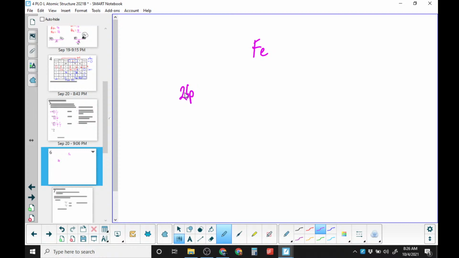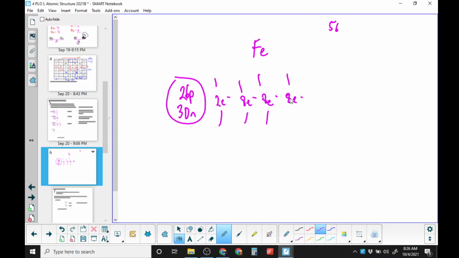And now, iron weighs 55.8. So let's say it weighs 56. It's got 26 protons. How many neutrons does it have? 30. Excellent. After that, it's easy. I count across, well, there's 2 in the first shell. And there's 8 and 8. And then there's 1, 2, 3, 4, 5, 6, 7, 8. So that one probably doesn't look all that unusual.